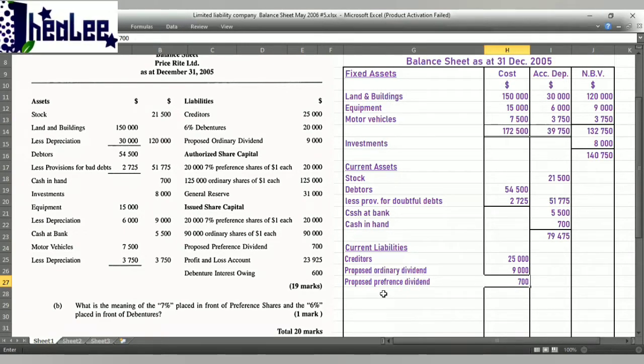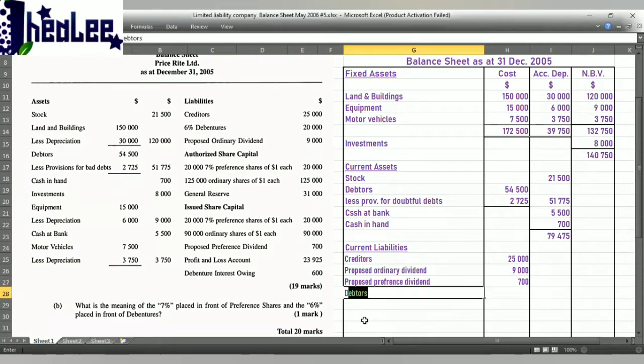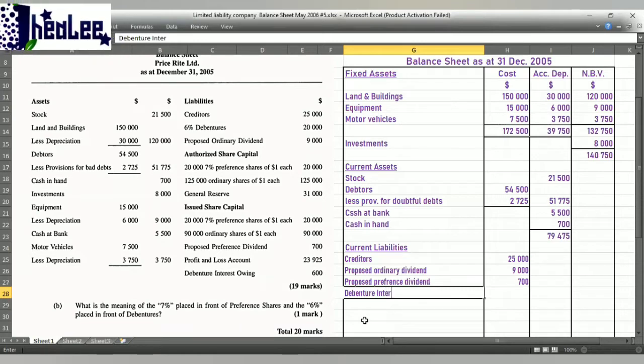We also have another current liability, and that is the debenture interest owing. Remember, once it is owing, it is a current liability. So we're now going to enter our debenture interest owing, and the value is $600.